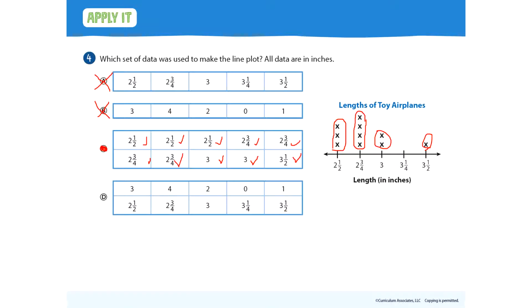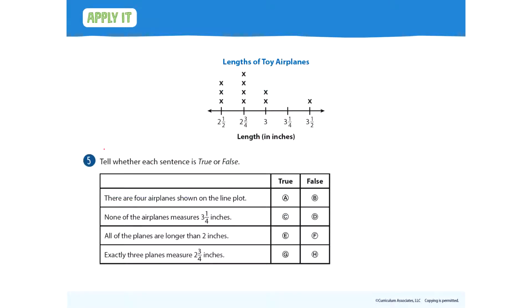Let's look at the next slide. We have length of toy planes, airplanes again, and the length in inches. So it's the same line plot as we saw on the slide above. We need to figure out whether these statements are true or false. The first one says there are 4 airplanes shown on the line plot. Which thing are the airplanes?